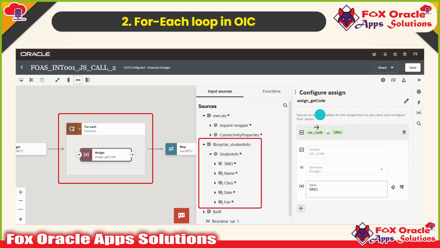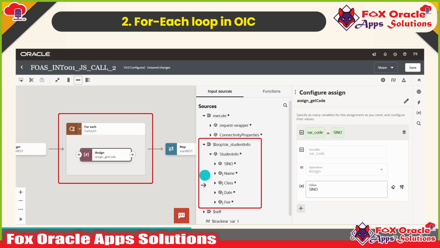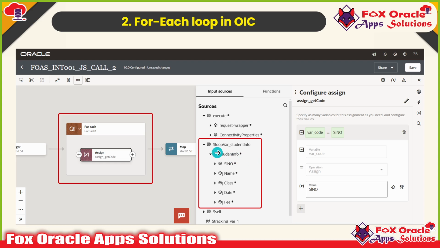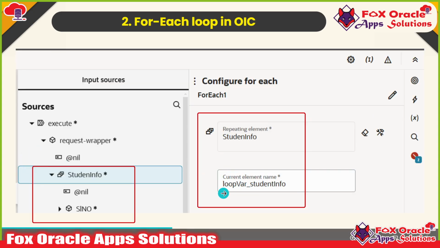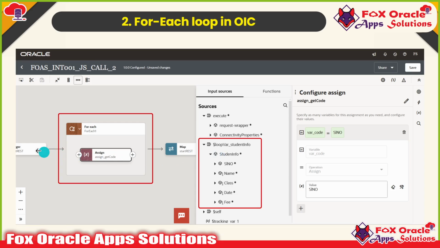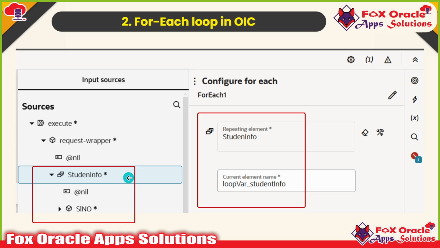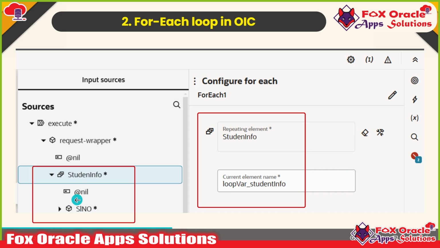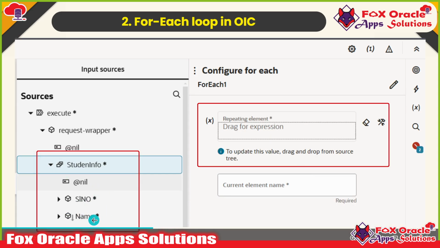And here you can see, once we added it in the mapping, in the source on the left-hand side you will be able to see the loop variable we created. We created the loop variable name as loop_var_student_info. This is the same variable we created here, and it is going to store the node of the repeated elements. This node, the student information, has multiple attributes like serial number and name and many more.